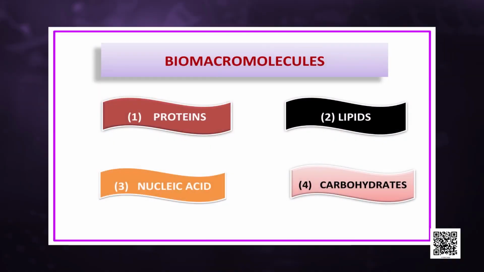Biomacromolecules such as proteins, lipids, nucleic acid and carbohydrates are formed by the polymerization of monomers, which are the simplest units. As they are formed from monomers, by polymerization they are called polymers.